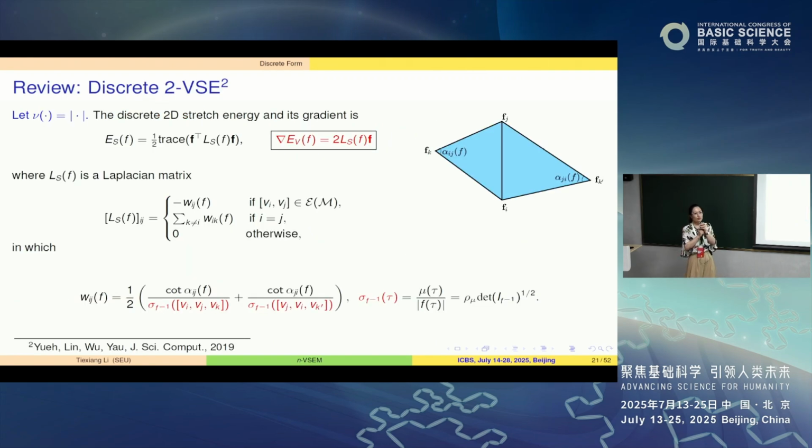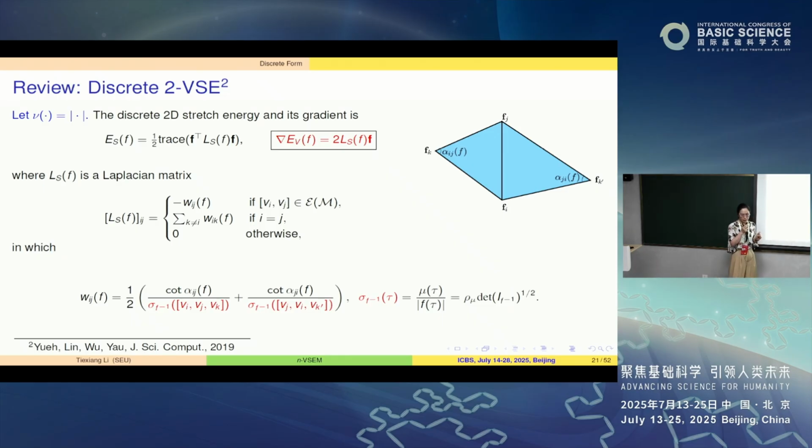So let's review the 2D and 3D discrete forms. For the discrete 2D structure energy, we have this definition, and we can deduce the gradient. The gradient form is this one, and we can prove it. Here, the Laplacian matrix LS is defined in this way, and Wij is defined by the cotangent weight.